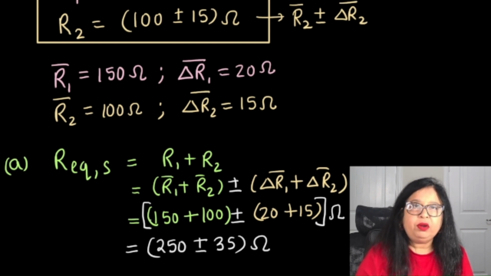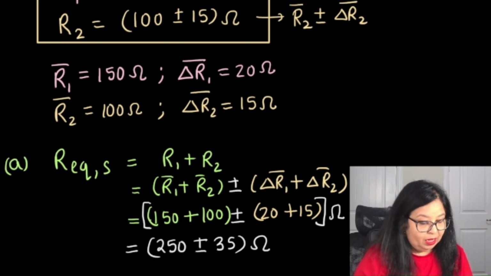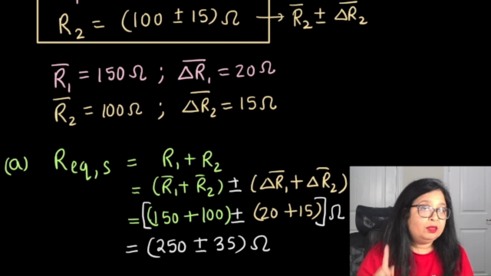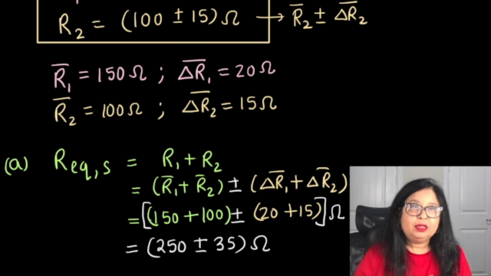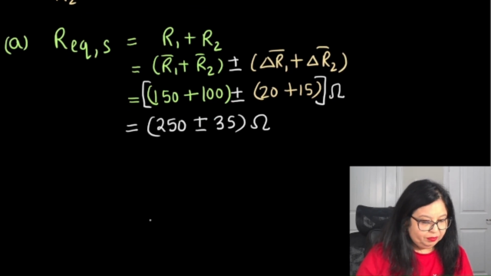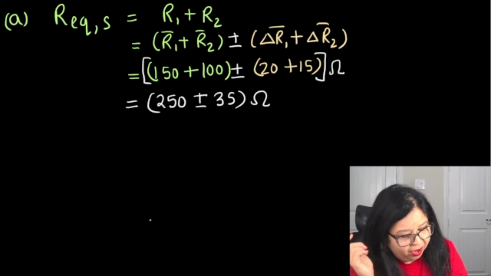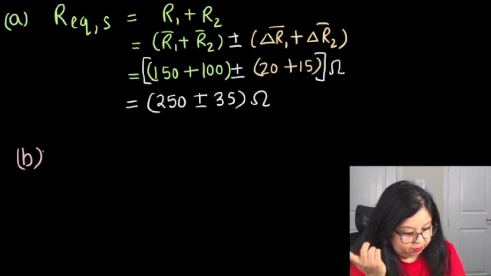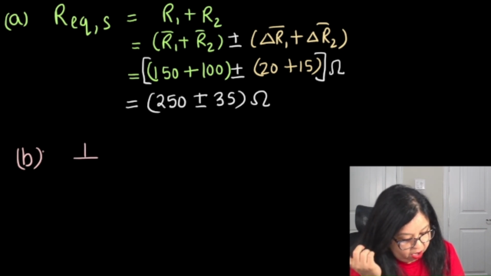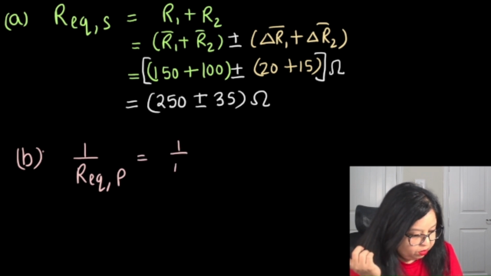Now this was fairly straightforward. Part B though is not so straightforward. Let's see how to do part B. Now for part B, common sense says here that 1 over R equivalent parallel equals 1 over R1 plus 1 over R2.